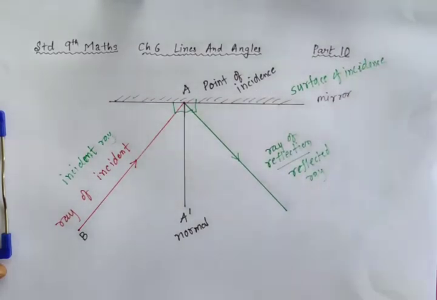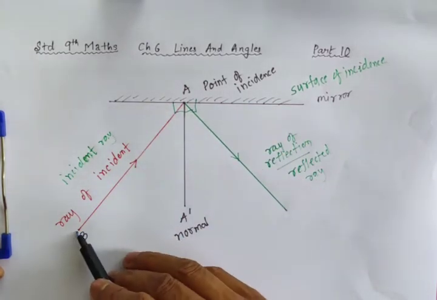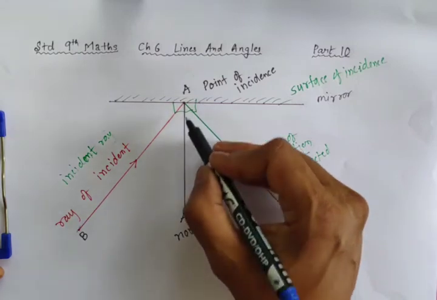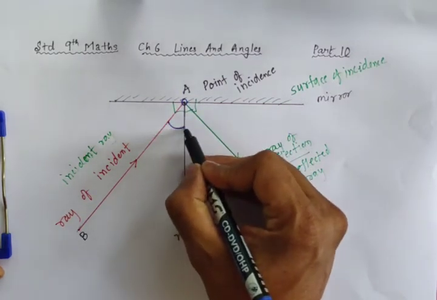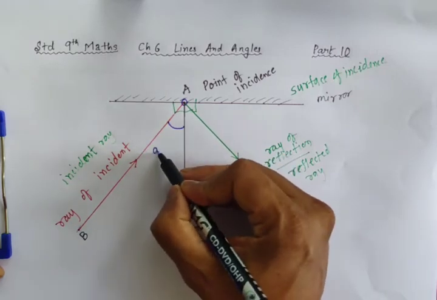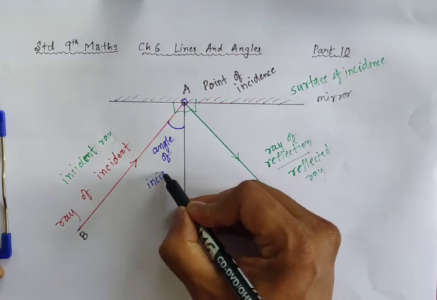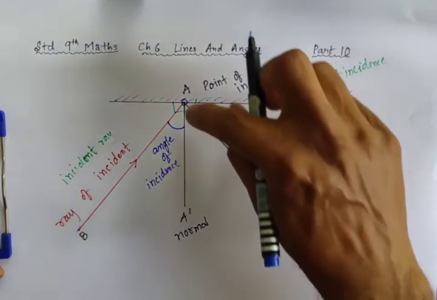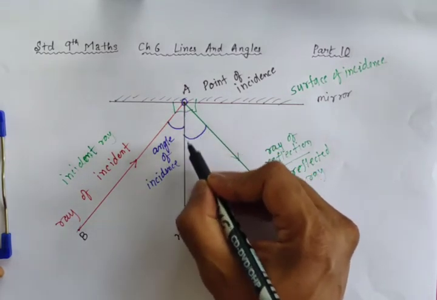This mirror is also called the surface of incidence. Children, what you have to learn here is, this is the incident ray, which is propagating towards the mirror. This is the normal at the point of incidence, and the angle formed is called the angle of incidence. Now this is called the reflected ray, and it also forms some angle with the normal.